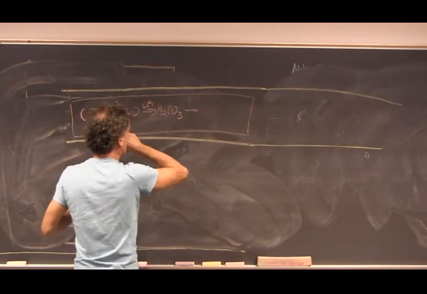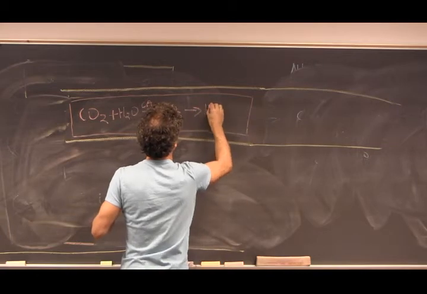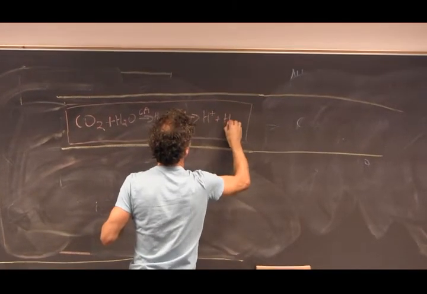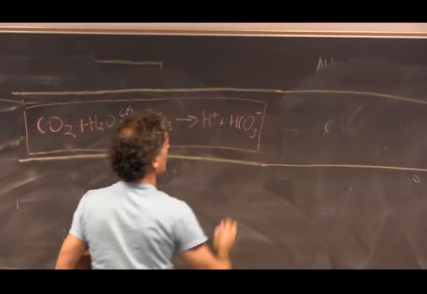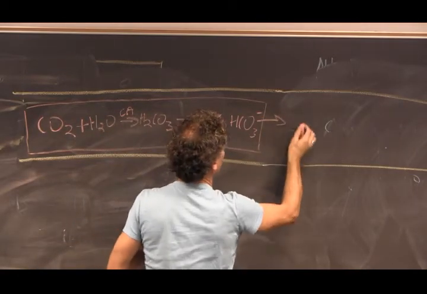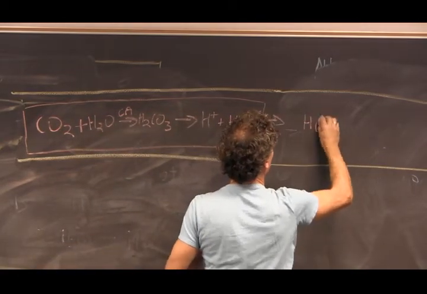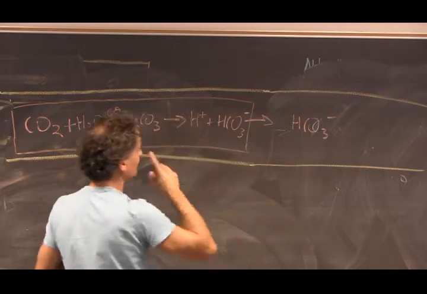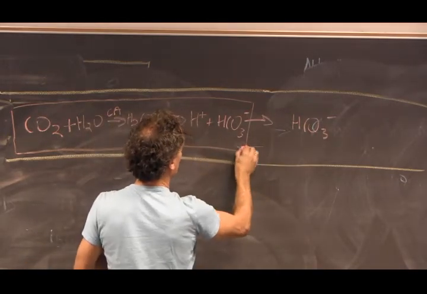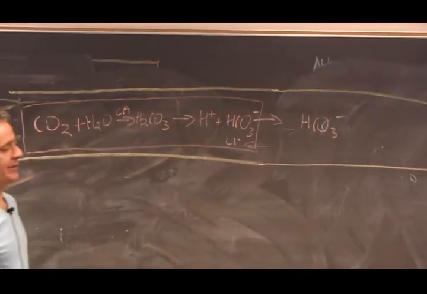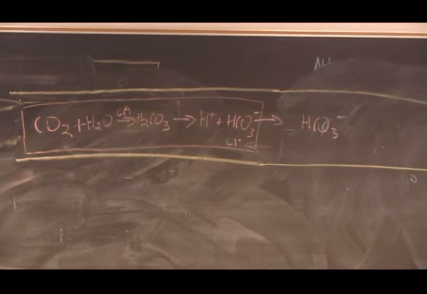We've got our carbonic anhydrase reaction, and then the bicarb gets kicked out in exchange for chloride, going back to the very beginning of the class.